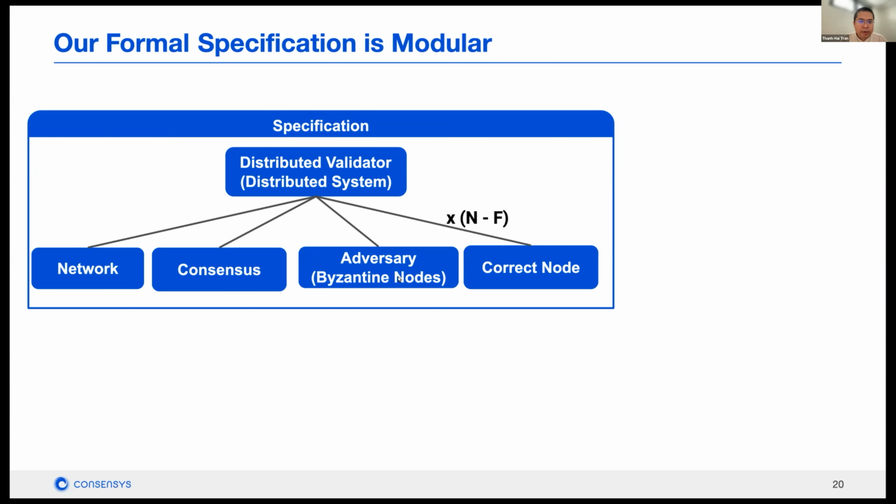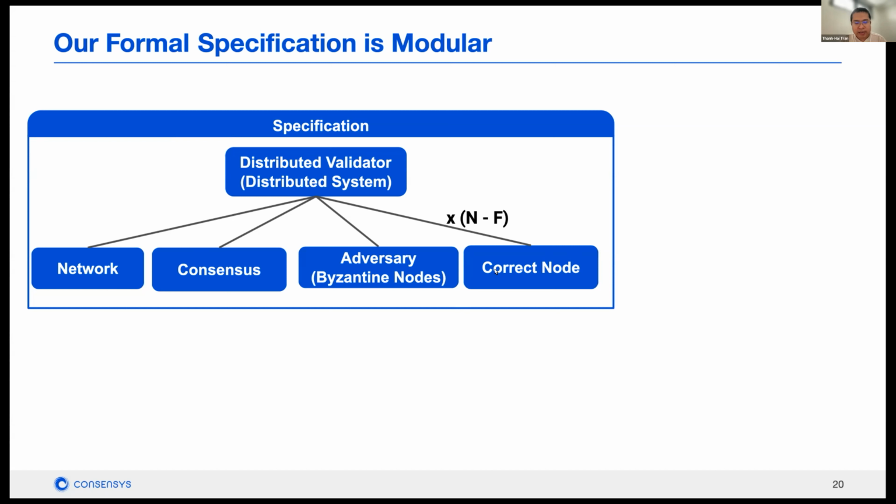And in our model, the failure nodes are Byzantine. So it means that a Byzantine node can send different messages to different nodes, and they can behave as they want. However, a Byzantine node cannot create a signature from other nodes, and it cannot modify the state of other nodes.